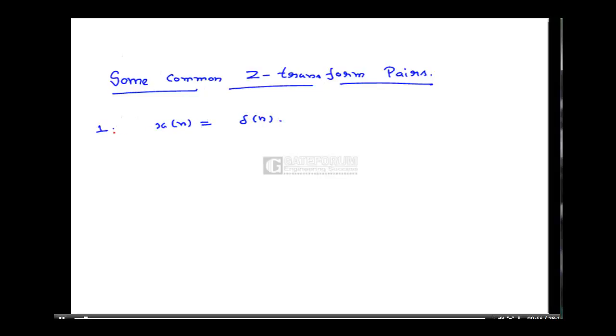In this we'll cover all the various common Z transform pairs. These Z transform pairs should be known and remembered at the time of solving the problems.